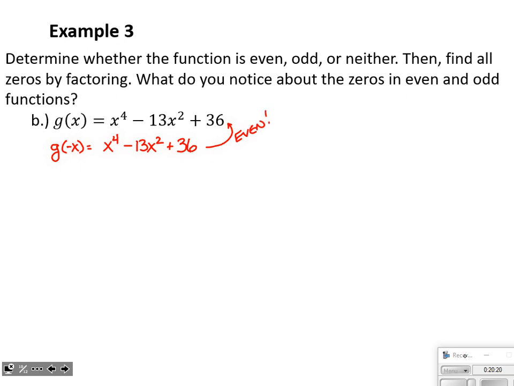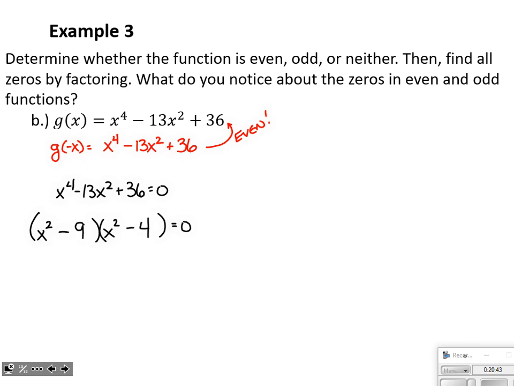All right, so let's find all the zeros by factoring. So x to the fourth minus 13x squared plus 36 equals 0. I know because it's a trinomial with x to the fourth that these will both be x squared. And minus 9 and minus 4, those magic numbers allow us to factor that.